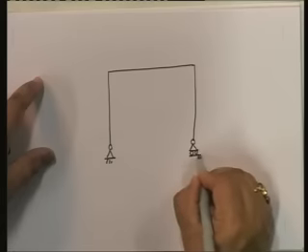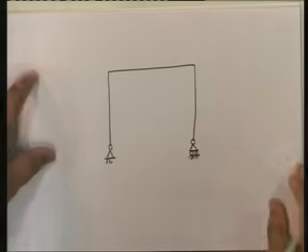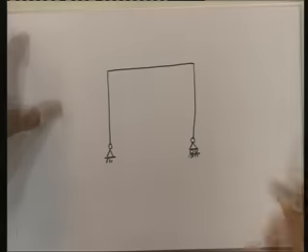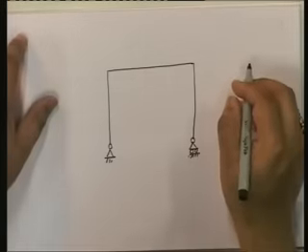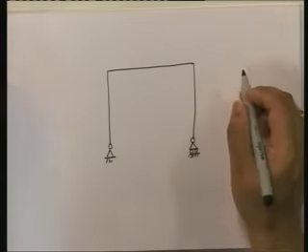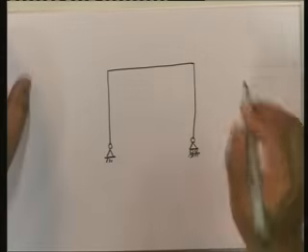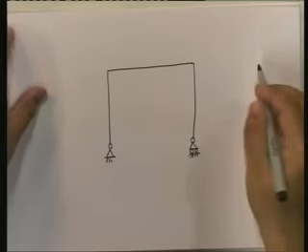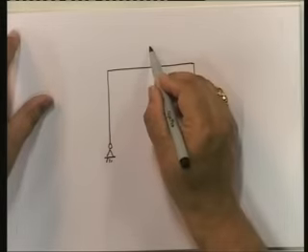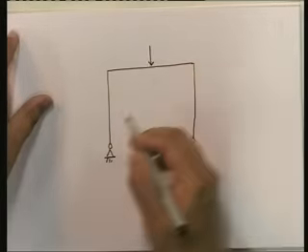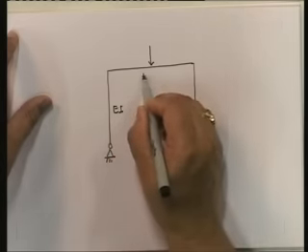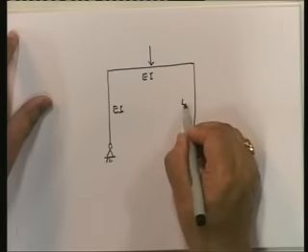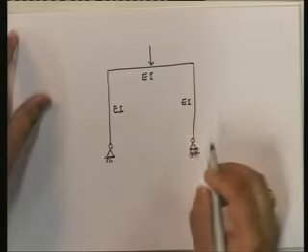Again, I am not going to go through the entire problem. I am just going to list out how to get what we want. So now, let us put some loads on this structure. Let me put some numbers here. So this is EI, this is EI, this is EI.